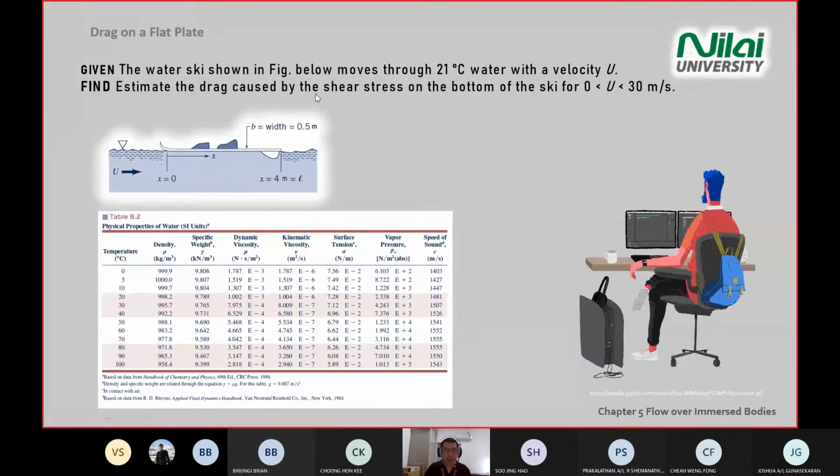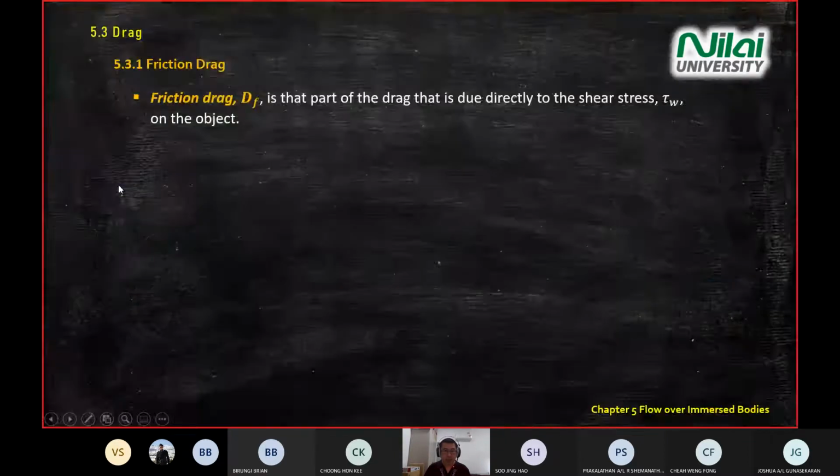Estimate the drag caused by the shear stress at the bottom of the ski for the velocity range 0 to 30 meters per second. So we want to estimate this drag. What strategy do we use?